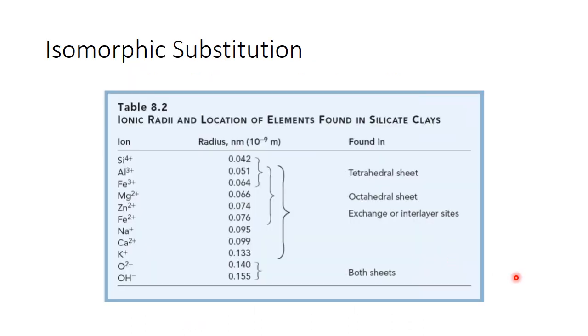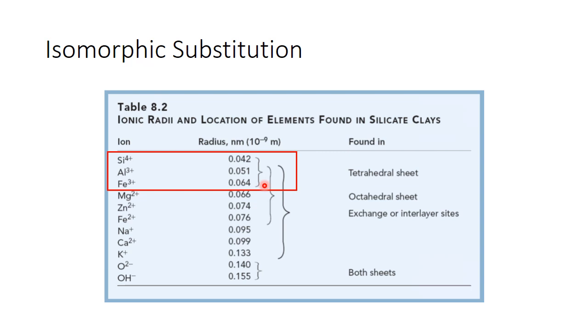And isomorphic substitution is due to the size of these cations. Silicon in the tetrahedral sheets is one of the smallest cations in the soil, and it has a radius of 0.042. Aluminum and iron 3 plus are similar in size, so they can take the place of silicon.